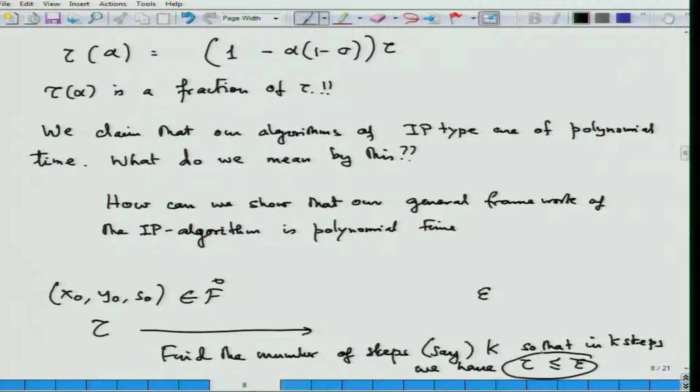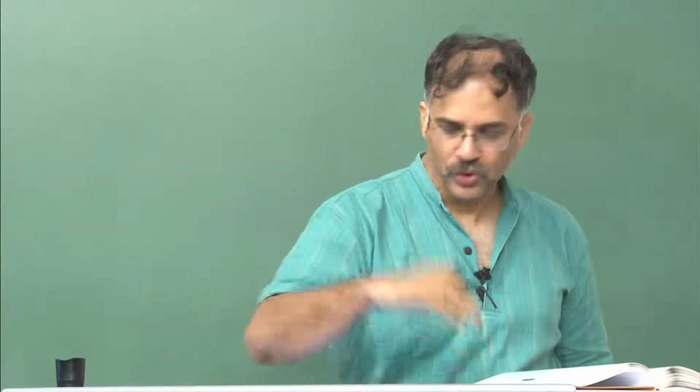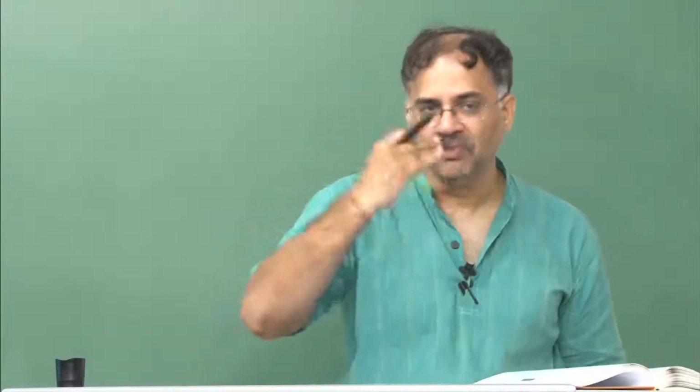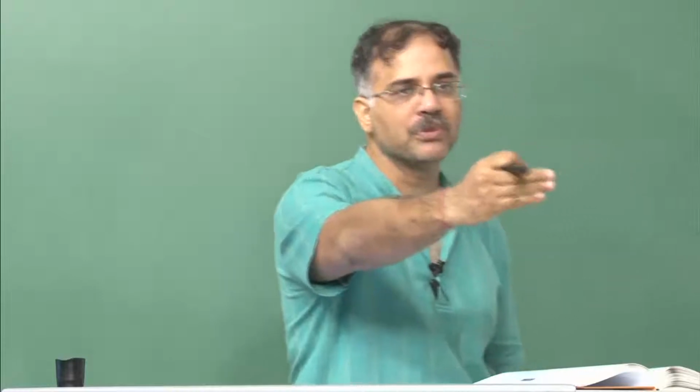So, I start with this and I have to show under what situations I can compute the number of steps k, and we can show that the number of steps k that is required till we come to this is actually bounded by a polynomial, which tells us that this is the maximum number of steps you would require to reach this.